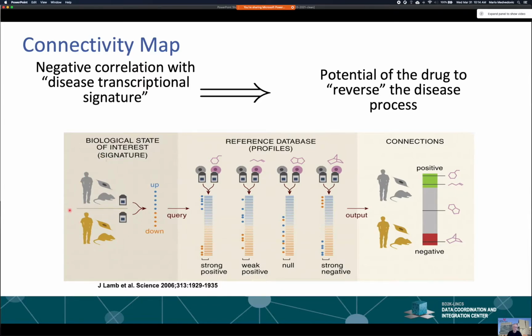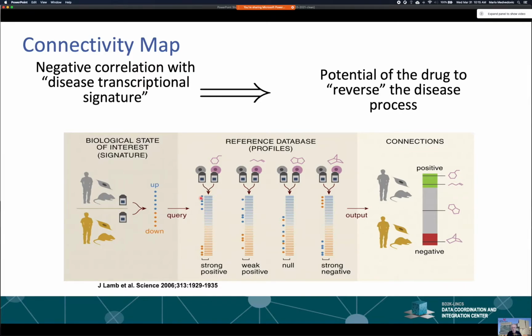So the way this would work, right, you have your disease signature that can be constructed by comparing disease and non-disease tissue, for example, in humans or in some kind of model. And you have a reference database of signatures that are constructed by treating a cell line with a specific drug and then observing changes in gene expression. So all of this is basically transcriptional. These dots here would represent upregulated and downregulated genes in the disease signature.